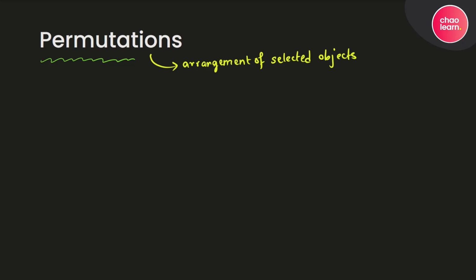So that's exactly the meaning of permutations, but we will not understand the meaning of permutations until and unless we apply it to a problem. So let me give you an example.